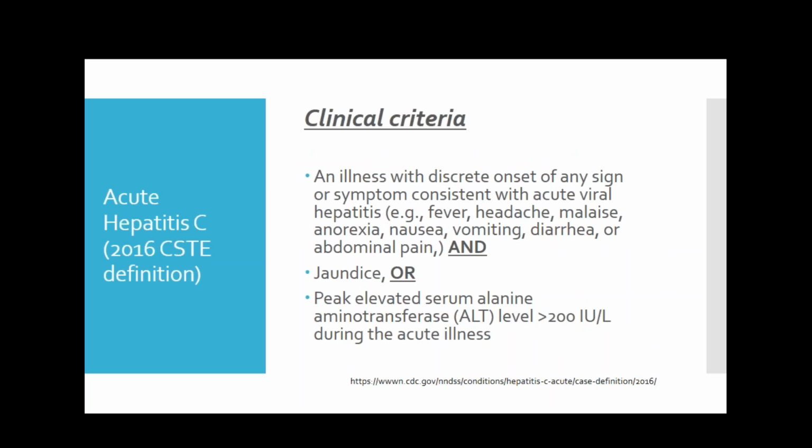And so in terms of the clinical criteria, it's an illness with discrete onset of any sign or symptom consistent with acute viral hepatitis. So that could include fever, vomiting, nausea, diarrhea, abdominal pain, and jaundice. So symptoms and jaundice, or symptoms and a peak ALT level which is greater than 200 international units per liter.